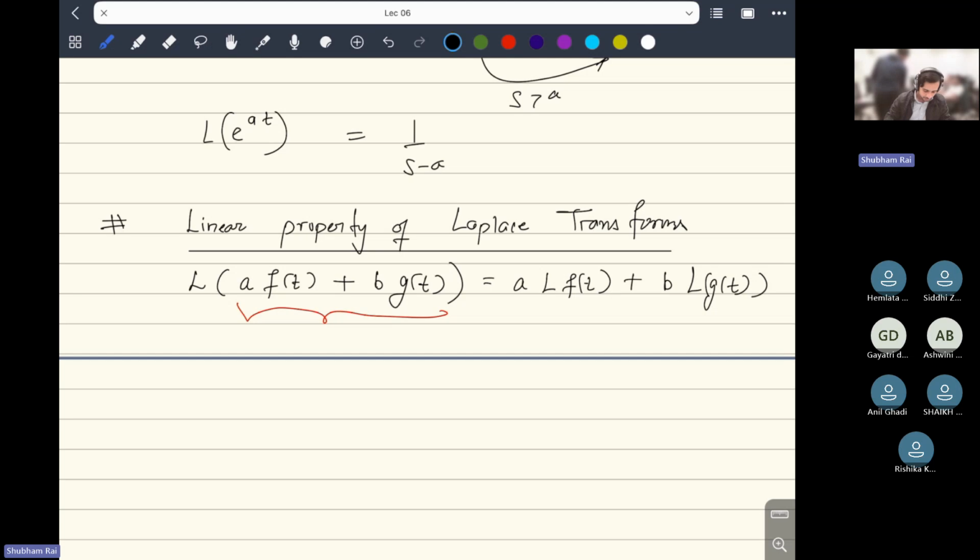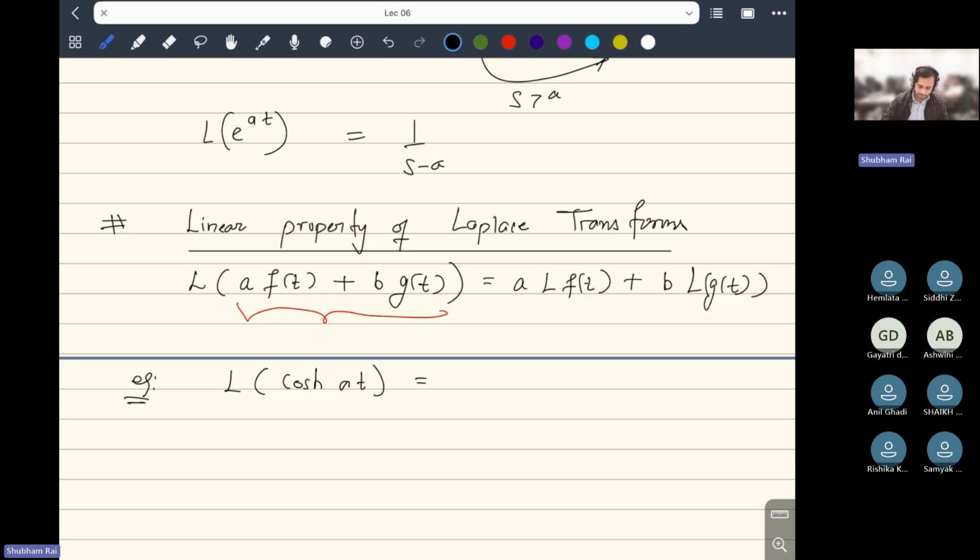So for example, let's say we want to find the Laplace transform of cos hyperbolic at. So what is the form of the cos hyperbolic function?